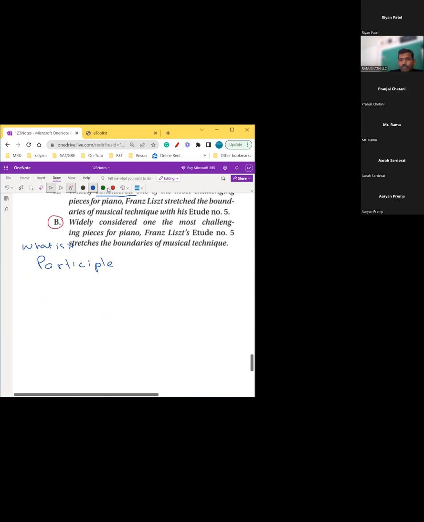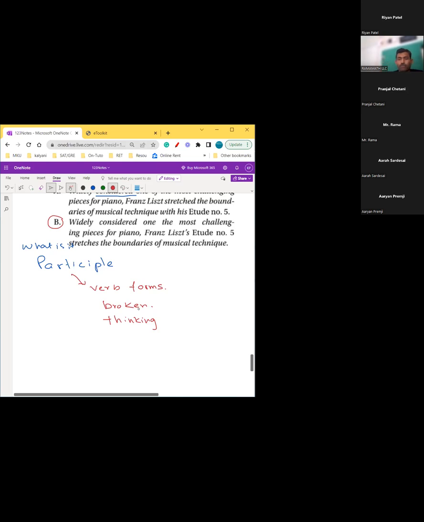So participles are a form of words, word forms, like "broken" or "thinking". These cannot stand by themselves as words.